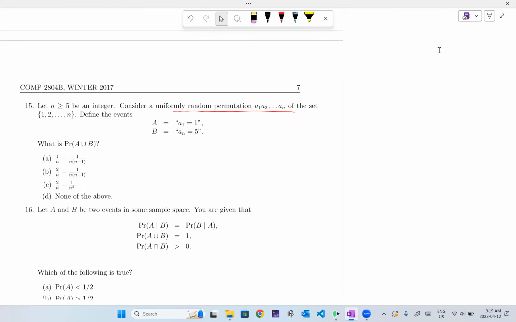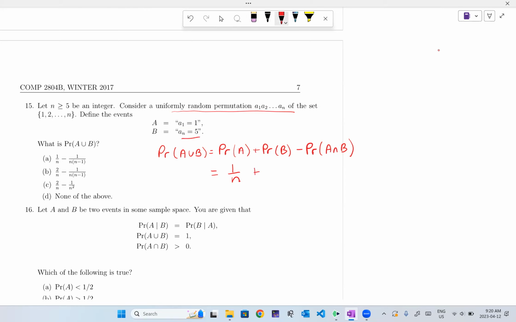So now the probability of A union B is equal to the probability of A plus the probability of B minus the probability of A intersect B. Probability of A is 1 over n. If I take any location and any number and say that location must equal that number, that is probability 1 over n in a uniformly random permutation.